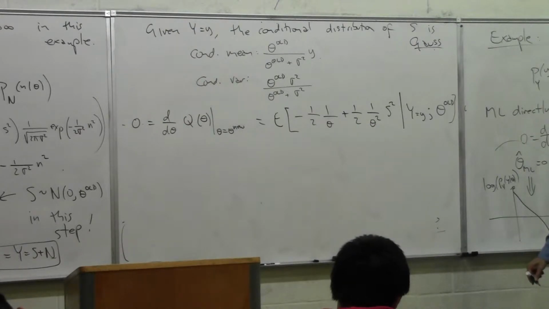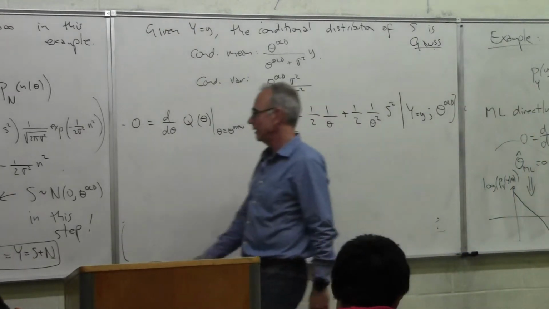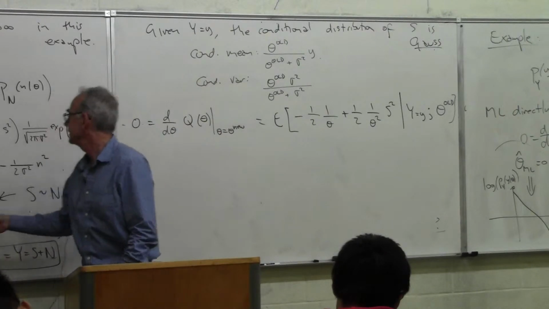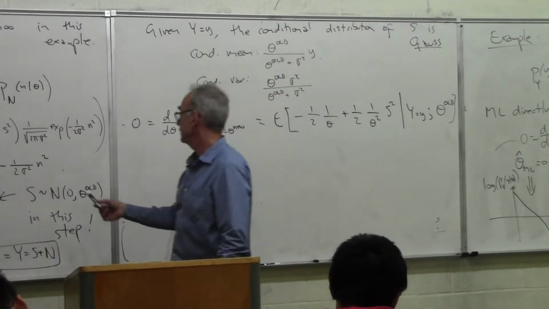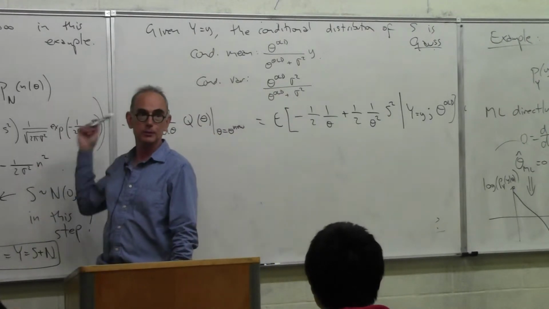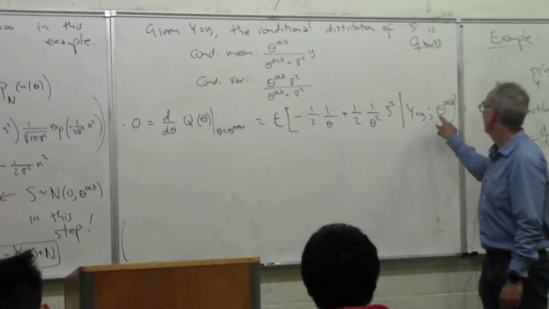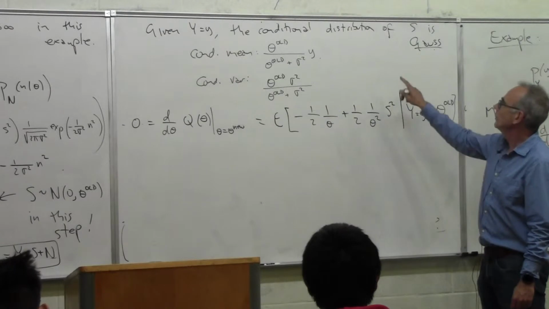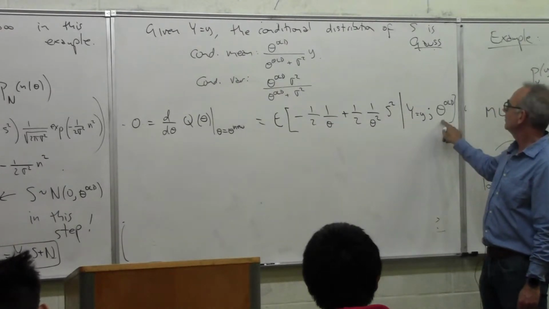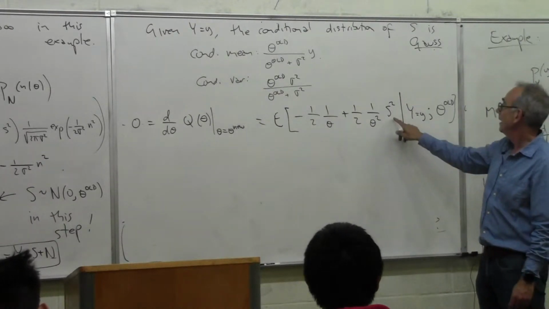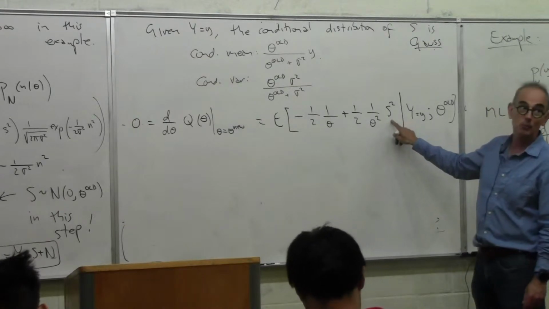All right, so I was worried about myself. Why didn't I work out the conditional distribution of n? And the reason is because there's no theta sitting in front of it, so it disappears. All right, and so then you get it. I claim that given this model and given this observation, I know what the second moment is.